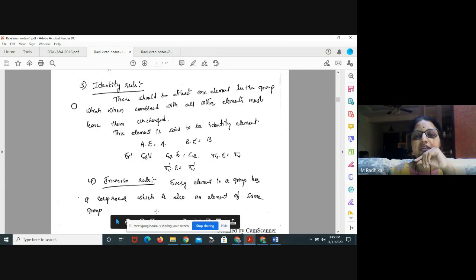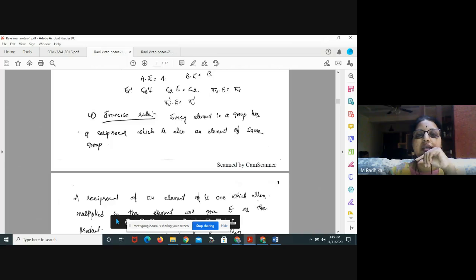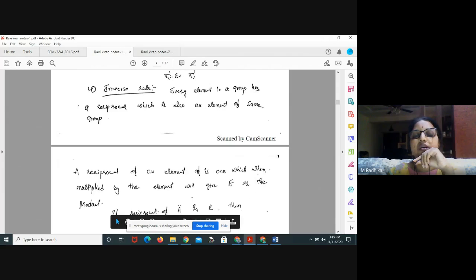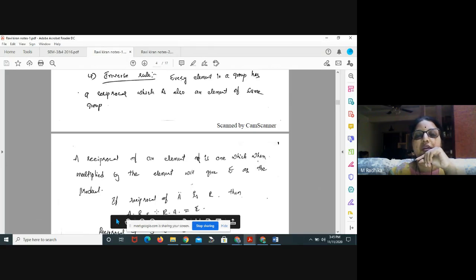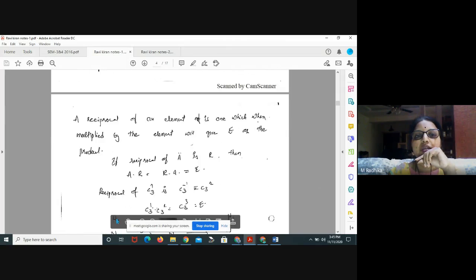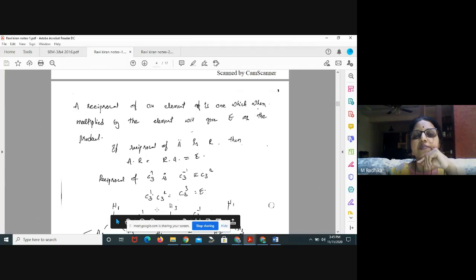Inverse rule, I just want to talk a little bit on this inverse rule. Inverse rule is the one where every element has a reciprocal of itself. Suppose I take an element A and its reciprocal is R. What does A represent?